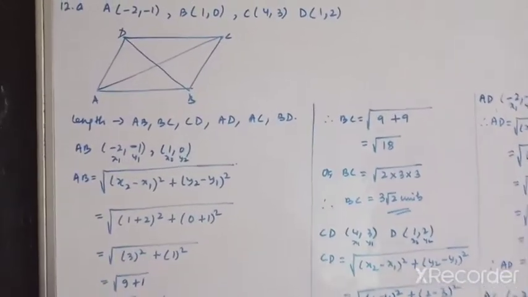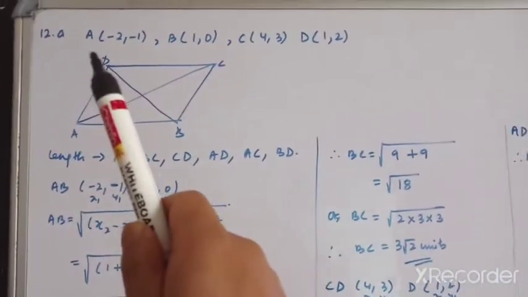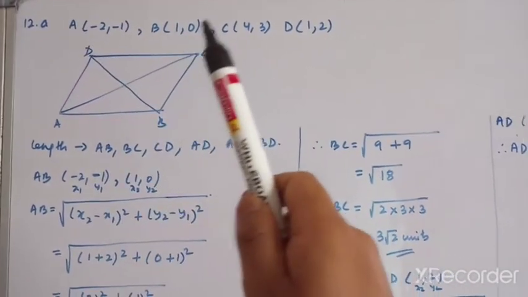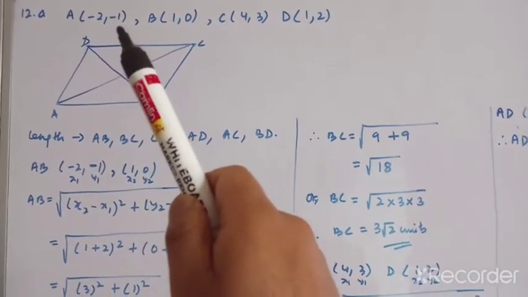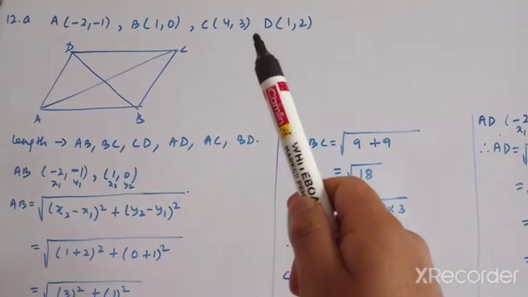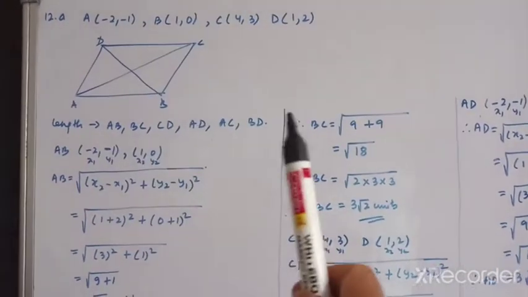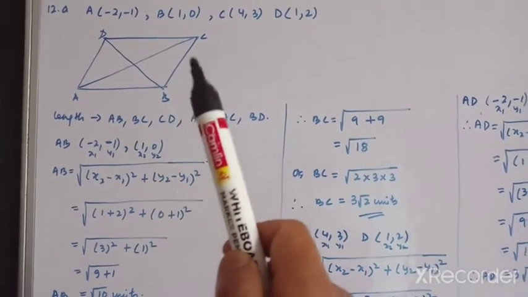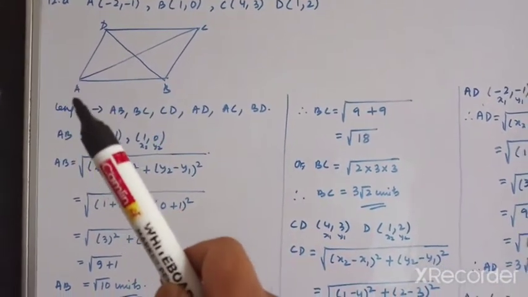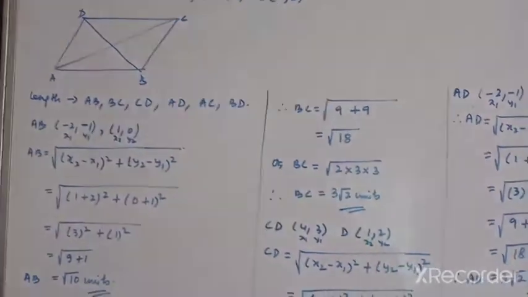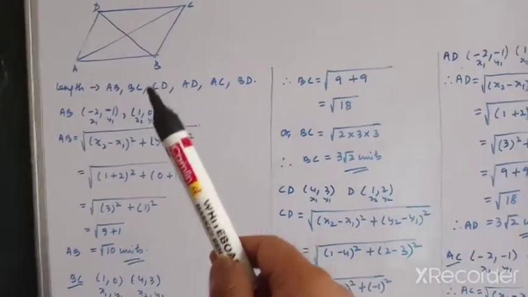Now look at its solution. The given points A, B, C, D are minus 2, minus 1, 1 comma 0, 4 comma 3 and 1 comma 2. The lengths we are supposed to calculate are AB, BC, CD, AD and AC and BD. Let us find them one by one.